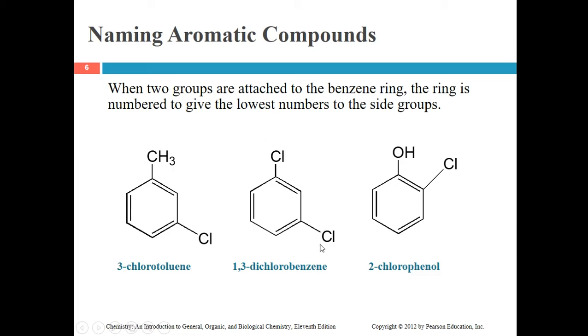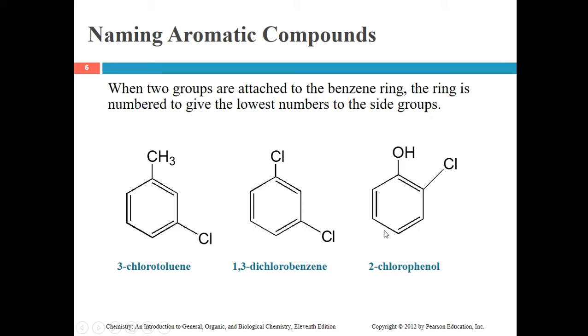Now, if we have 2 groups where neither of them is anything special, it's just benzene with 2 groups on it, then we're going to start the numbering at one or the other. It doesn't matter, especially with this chlorine here. They're the same, so we'll start at either one of these. So 1, 2, 3. 1,3-dichlorobenzene. Now notice here, this is our phenol group.